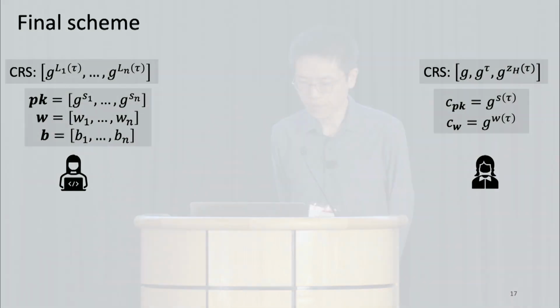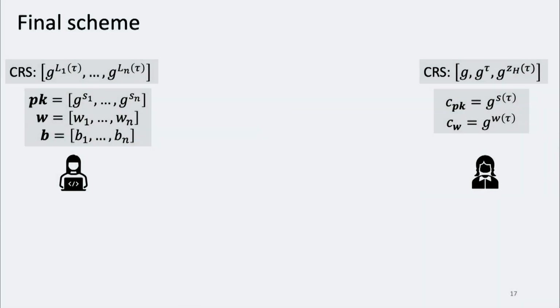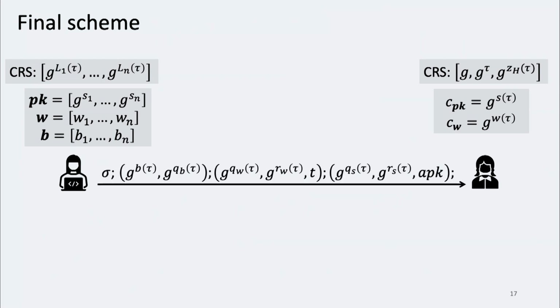On the left, we have the aggregator, who has these three vectors: a vector of public keys, a vector of weights, and a bit vector indicating who signed. On the right, the verifier has the commitments of those two vectors. And here is the final signature.